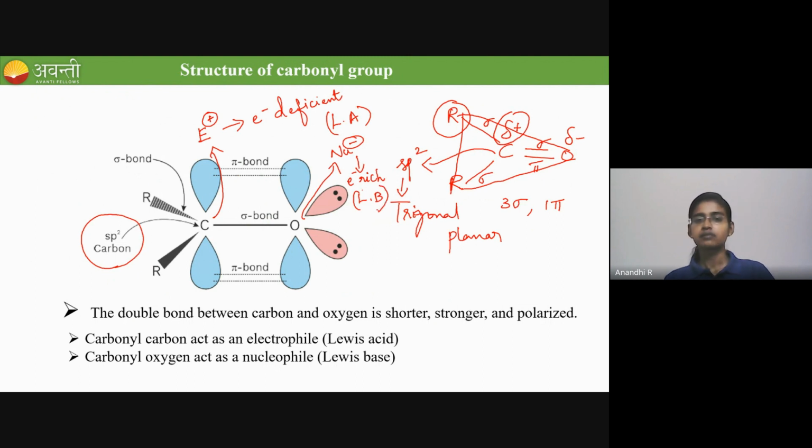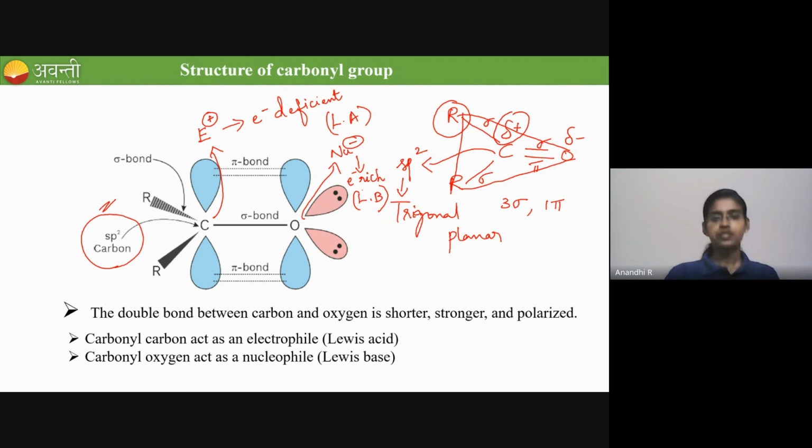Got it? So what information have we studied? The hybridization of the carbon and the number of sigma and pi bonds present in this carbonyl group, and the carbon-oxygen bond is polarized, shorter and stronger. The carbon center acts as an electrophile and the oxygen center acts as a nucleophile.